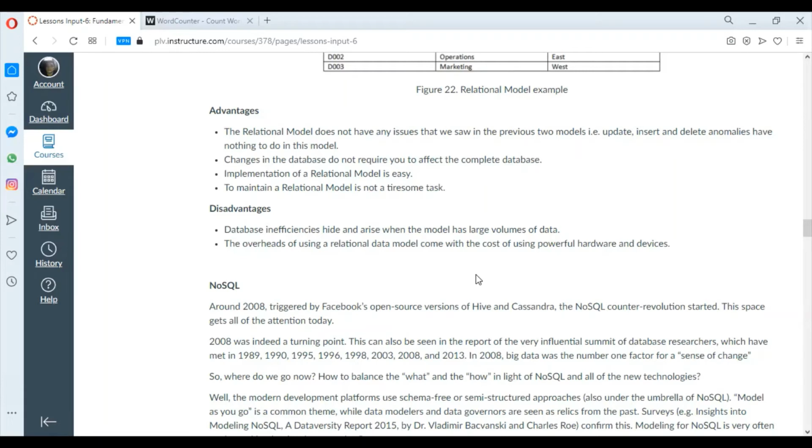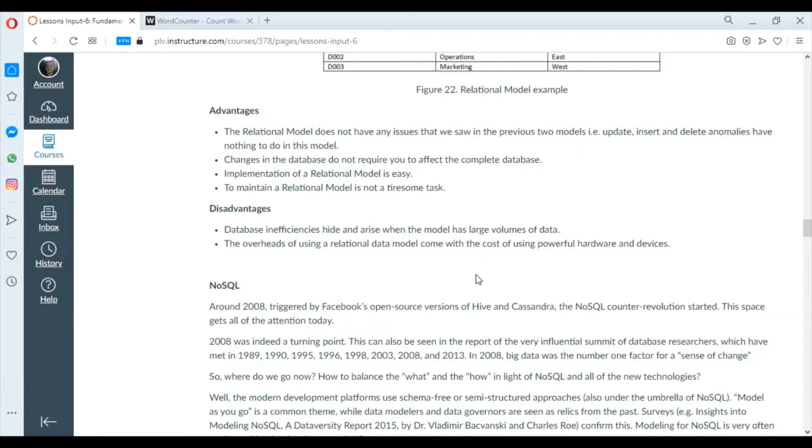More specifically, it is used by Amazon and by Facebook in order for them to get and process tons and tons of data. Around 2008, triggered by Facebook's open source versions of Hive and Cassandra, the NoSQL counter revolution started. This space gets all of the attention today.